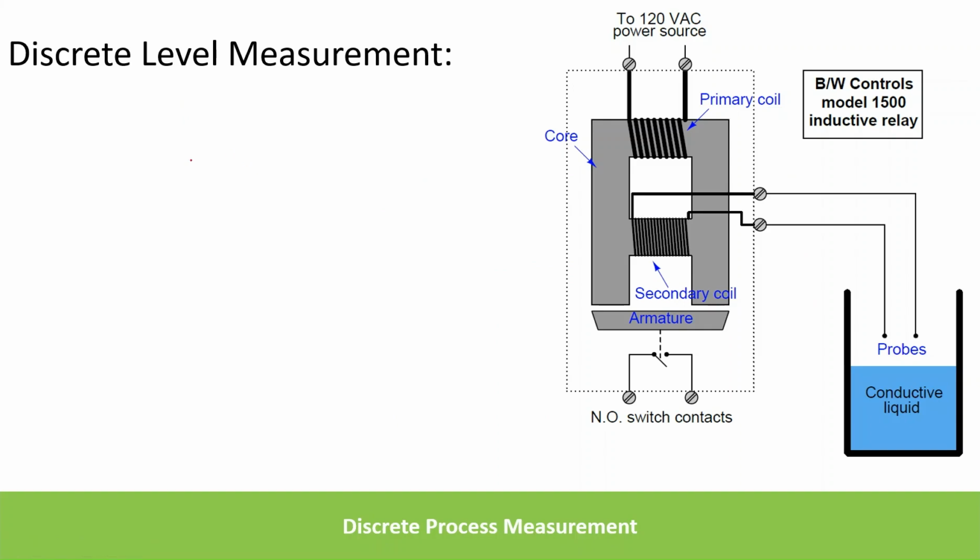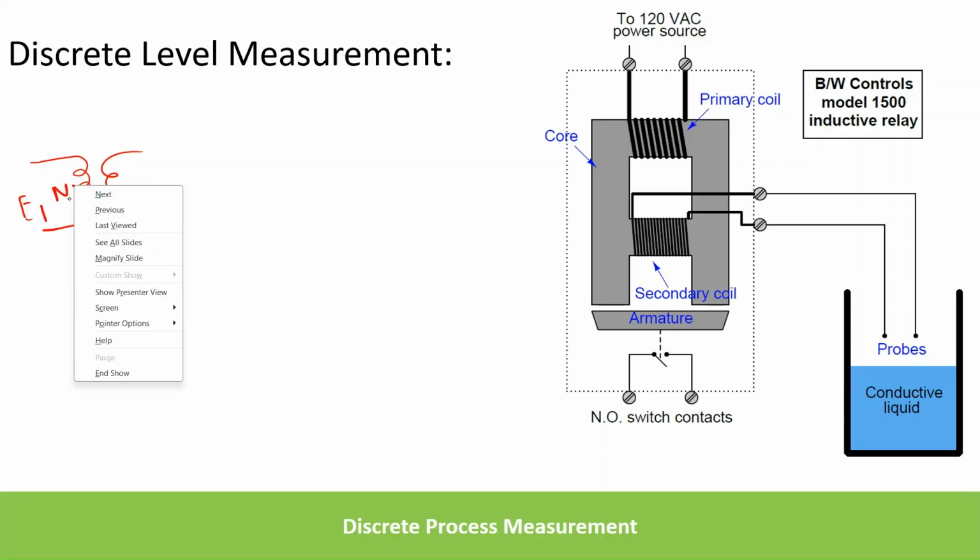Before going into this measurement technique, we'll discuss the working principle of the transformer. The transformer consists of two windings, primary winding and secondary winding, and a core. This is the E1 voltage applied to the primary side. N1 is the number of primary winding turns.